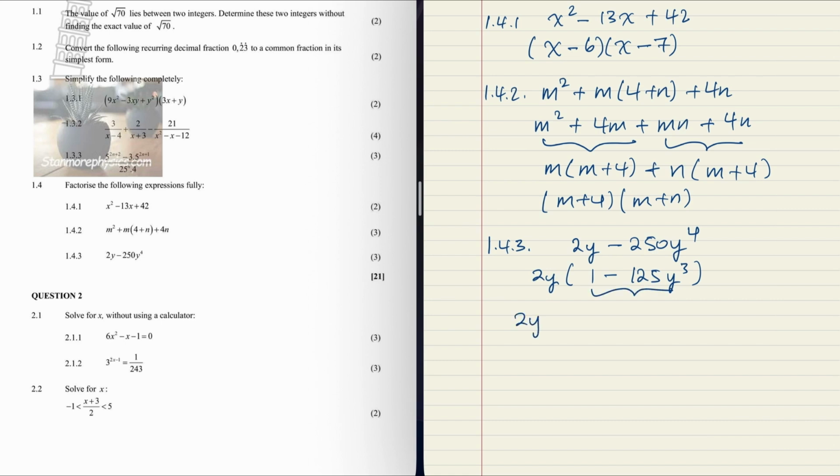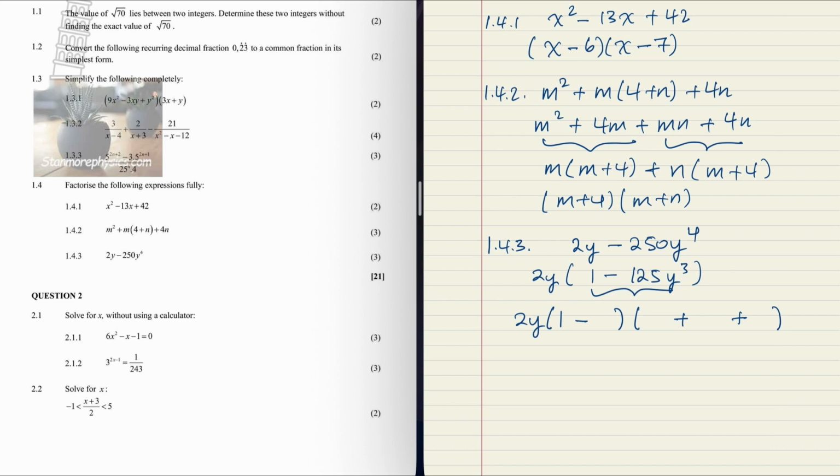So I'm going to have 2y into, now the first thing is you're going to have a small bracket and then a larger bracket. In the first bracket, you're going to match the sign of the thing that you're factorizing, so a minus. Then you change the sign, you'll have a plus and then a plus. Now the cube root of 1 is 1.